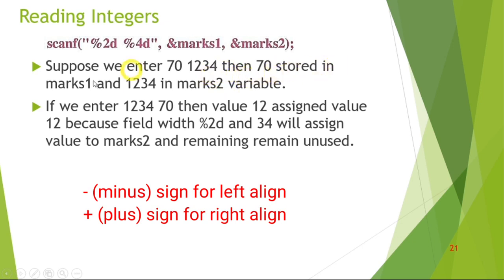Then 70 is stored in marks1, and 1234 in the marks2 variable, because this is a 4-width field and this is a 2-width field. If we enter 1234 and 70, then what will happen? The value 12 is stored in marks1, because of the field width %2d. Now 34 will be assigned to %4d, the value for marks2. The remainder is unused, that is a garbage value.